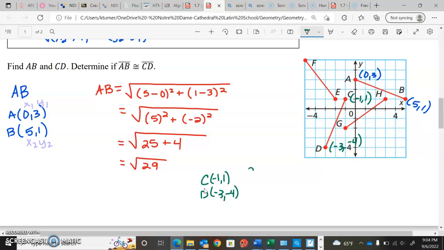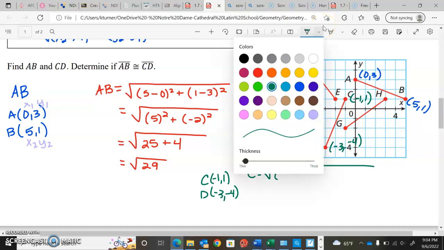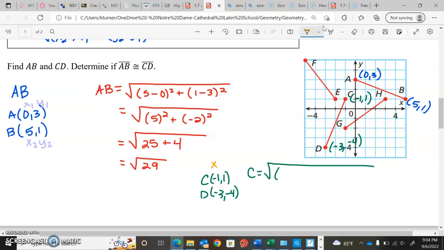All right, so then plug that into the distance formula. So let me label first. C I can label as x1, y1, D, x2, y2. So now plug it in.